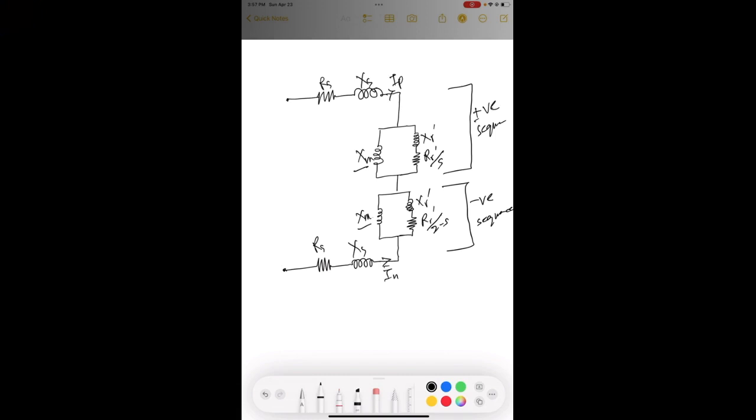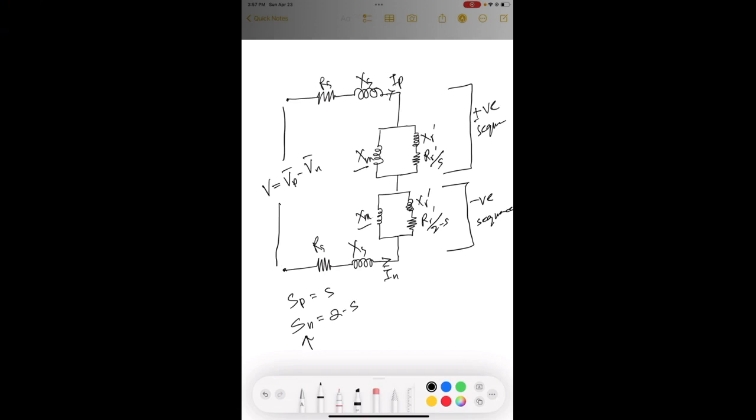We will have IN in negative sequence and IP in positive sequence. To get this IP and IN, we will have a phase voltage, which is equal to VP minus VN, which we have got earlier. For positive sequence, we will have slip equal to S, and for negative sequence, we will have slip equal to 2 minus S.